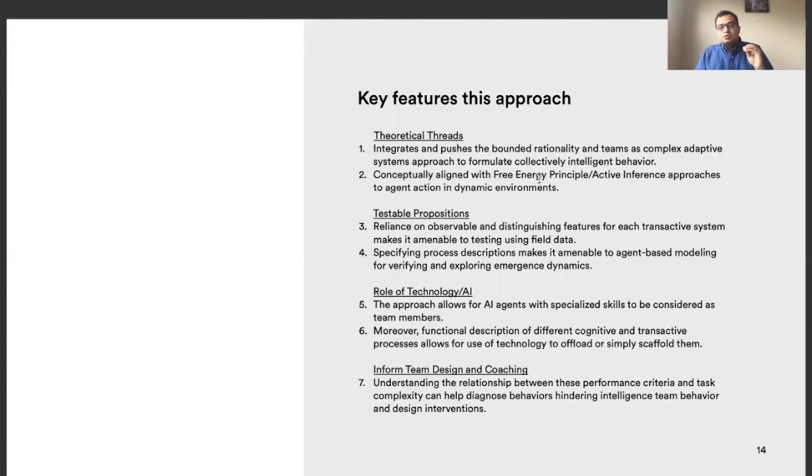Moreover, you don't have to rely on high-level AI. You can also use low-level intelligence technologies to either offload or scaffold different parts of the cognitive processes or socio-cognitive processes that have been described. Our approach, because it lays out all the different parts of it and how they interact, we can also then use the technology to intervene and help teams be more intelligent over time.